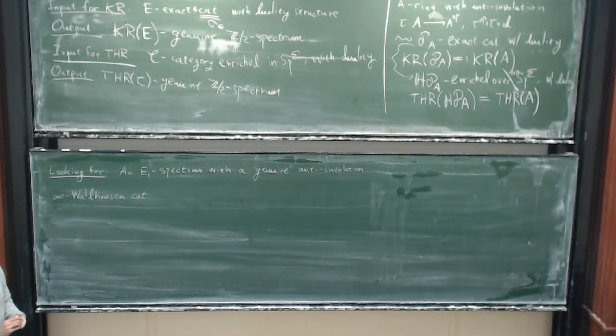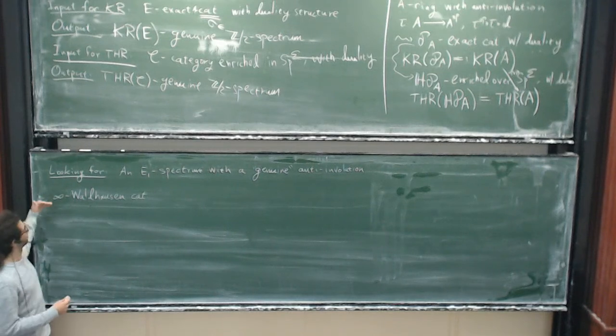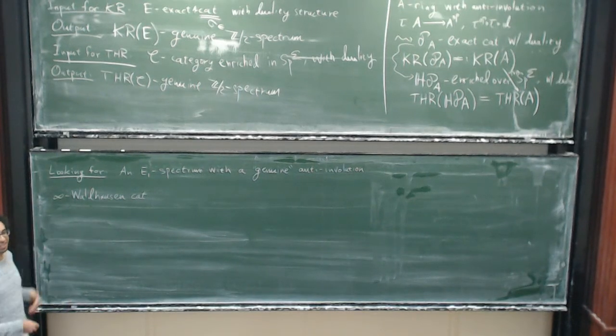And also, about 2 years ago, the same guy, Clark Barwick, did an equivariant version of this. He defined G-equivariant infinity Waldhausen categories and defined G-equivariant algebraic K-theory as a functor from the infinity category of those to the category of genuine G spectra.